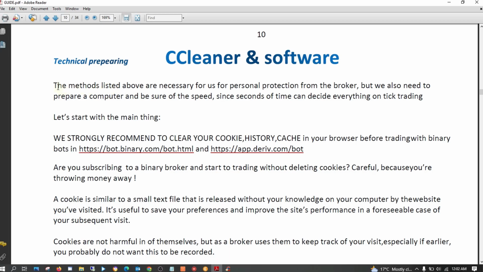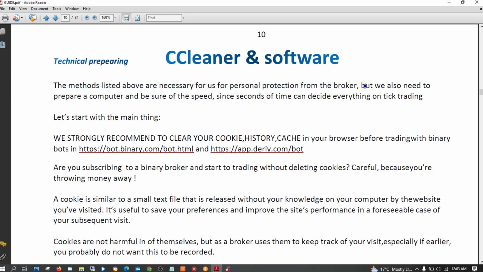The two we mentioned above, the VPN and the incognito window, are necessary for personal protection from the broker.